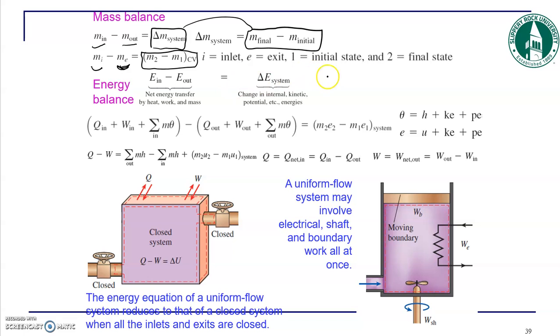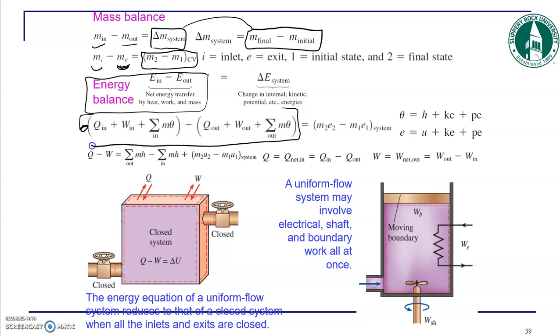Now the left hand side of the equation is the same as open systems. The energy in minus energy out is defined by this equation. You can see it's exactly the same as open systems, no difference. Q in plus W in plus sigma m theta in. What is theta? Theta is the enthalpy plus kinetic energy plus potential energy.